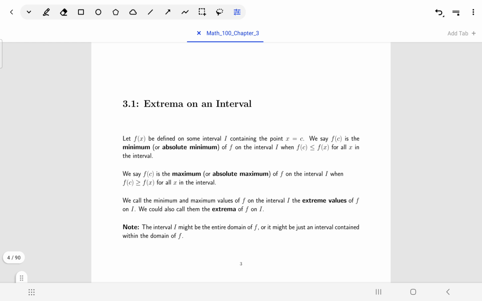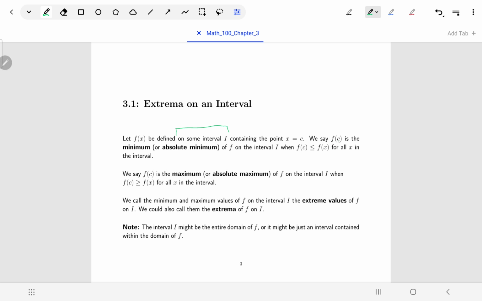To begin with, let's start by defining what we mean by absolute maximum and absolute minimum values for a function. So we've got some function f, and it's defined on an interval I. I'm not specifying now whether that interval I is the entire domain or just part of the domain, but we've got some interval, and there's an x value in that interval.